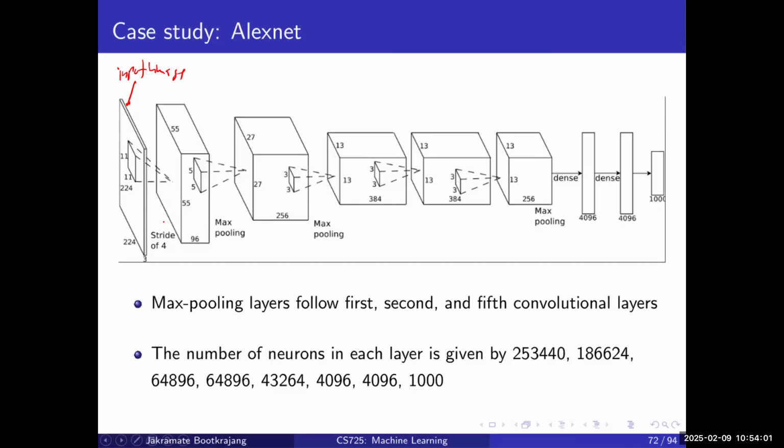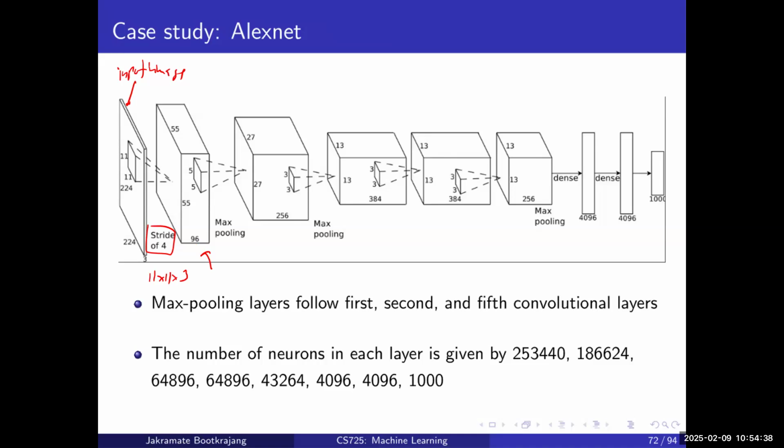After the input image, you have a filter that is 11 by 11, maybe by 3, and then you pick a stride of 4. So you move 4 pixels when you filter the image with the kernel. And then you get an image of 55 by 55 by 96.